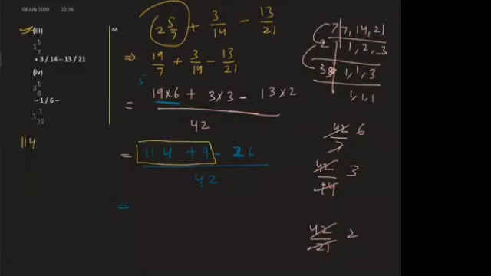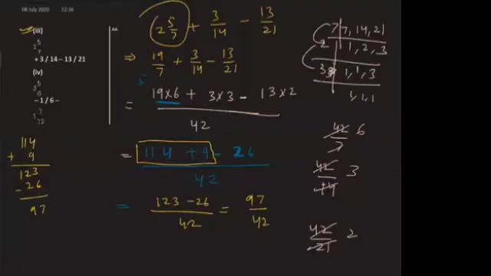So 114 plus 9 is 123 minus 26 upon 42. So 123 minus 26 is what? Okay, students. So 97 upon 42.